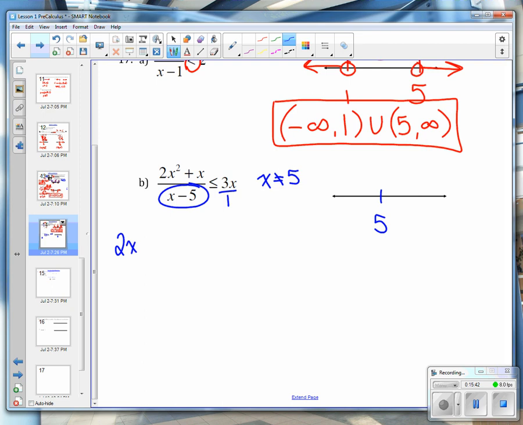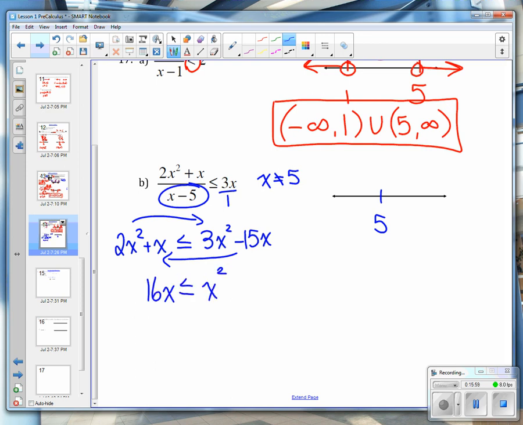So I've got 2x squared plus x less than or equal to 3x squared minus 15x. And now we can bring everything over. So I'm going to take that over there, bring that over there. So I've got 16x less than or equal to x squared. And remember, we want to bring everything to one side. We want to be able to factor.